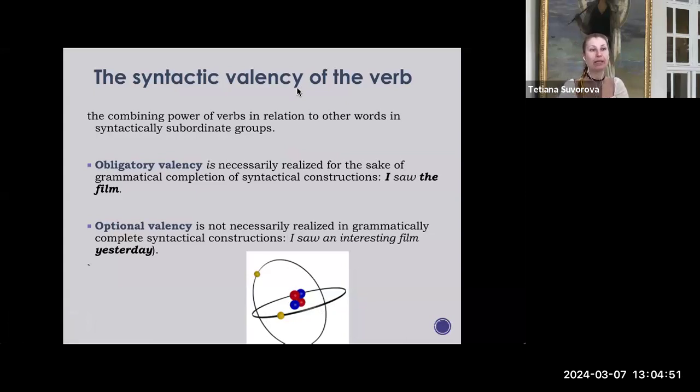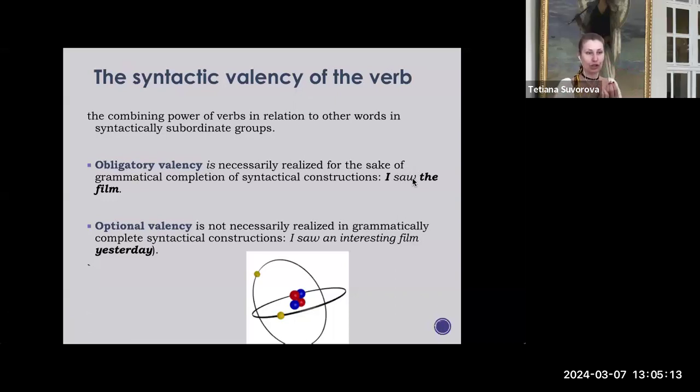So valency means the ability to be combined with a specific element. In our case, we can speak about obligatory valency, like here, I saw, and we can't put the full stop, because it's not clear.